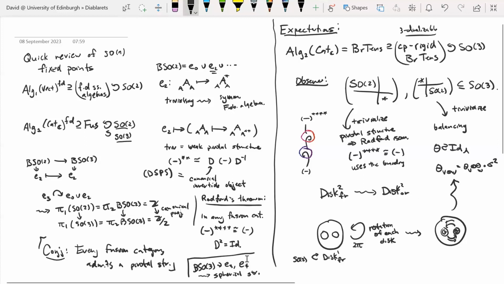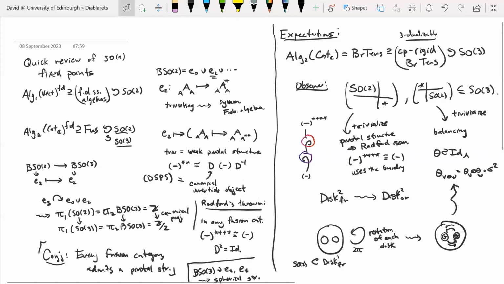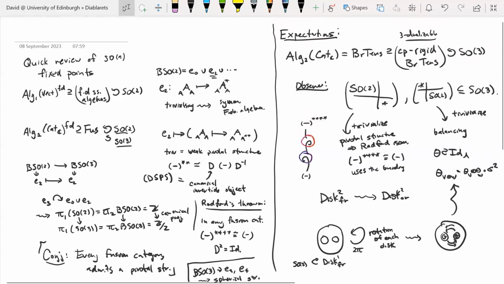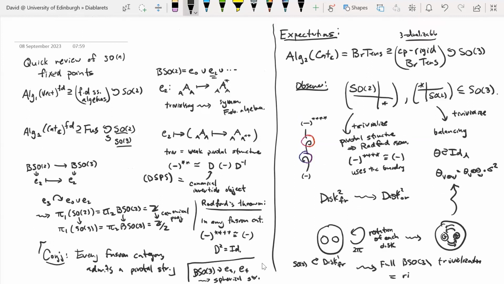And the fact that you should need a spherical structure on your fusion category is natural. The word spherical means that you can evaluate on a 3 sphere. So that's natural. So here I'll just be brief, and I'll just say the expectation is that the full BSO3 trivialization equals a ribbon structure.